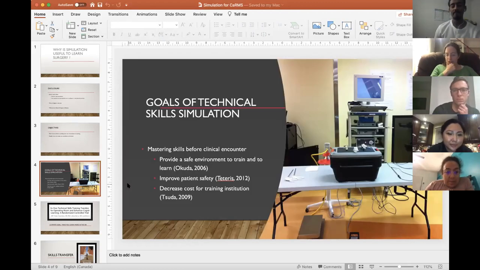Again, that's a picture of the Sim Center at Ottawa. So the goals of technical skills simulation, which as Raj pointed out, is mostly what's happening for the junior resident, is to provide a safe environment to train and to learn. It's been shown that there's actual learning happening in the Sim Center. There's a JAMA article from 2012 that compared learning technical skills in simulation versus learning by watching videos or from a textbook.